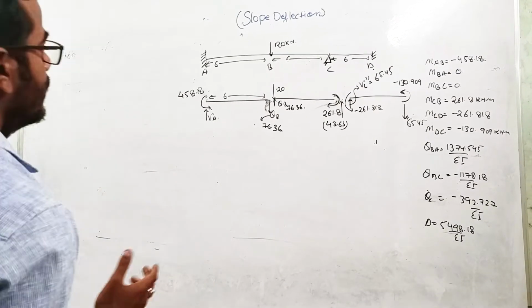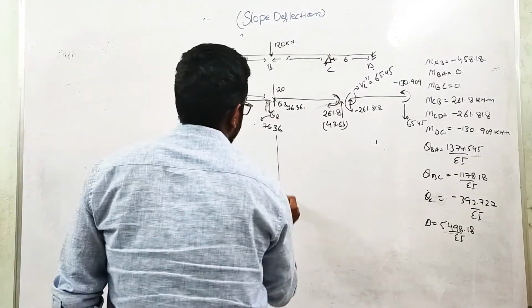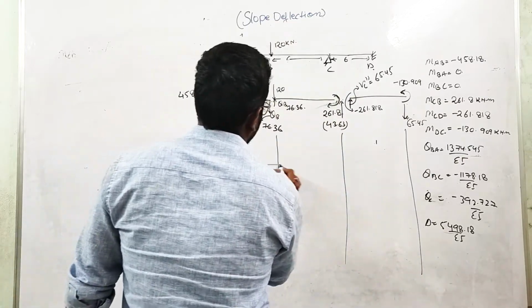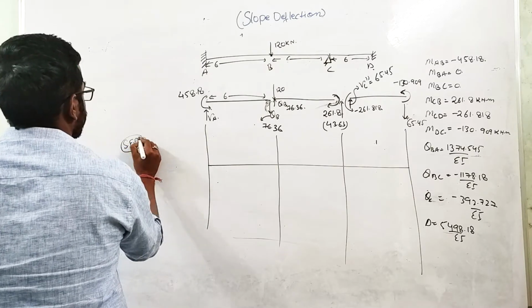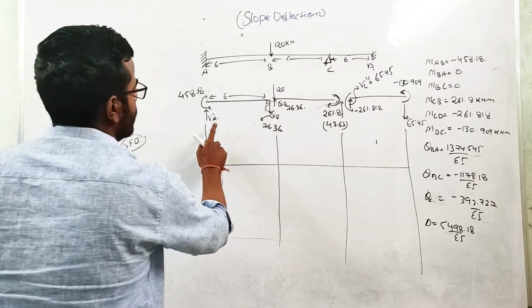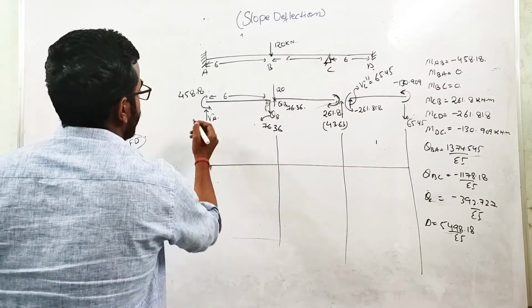So guys, now we need to draw the shear force diagram and the bending moment diagram of this beam. This is quite an important part. So let us draw the shear force diagram, SFD. Let us come to this point. This VA is 76.36, and it will be in the upward direction.